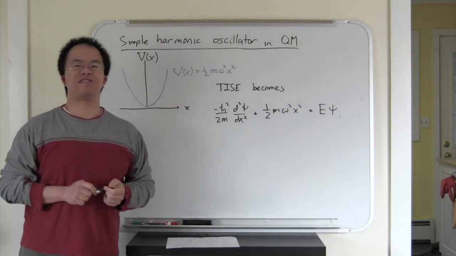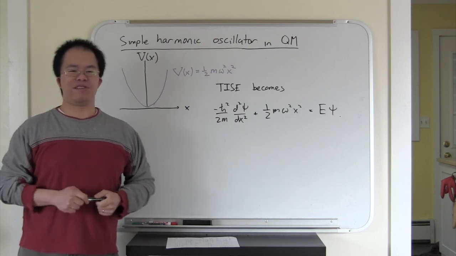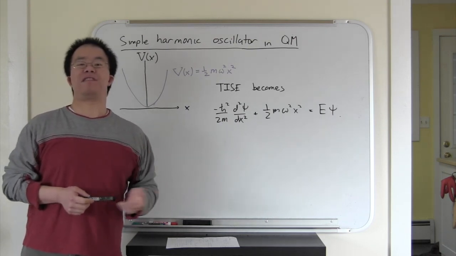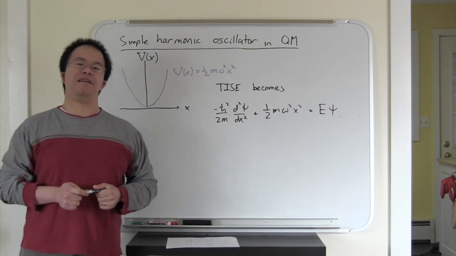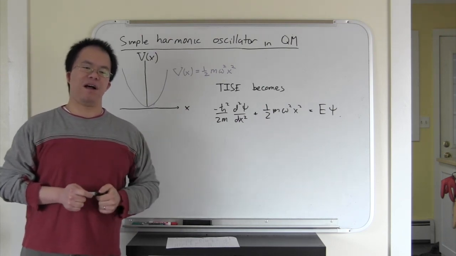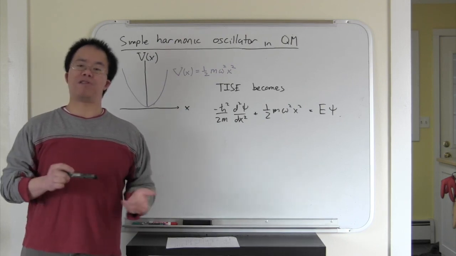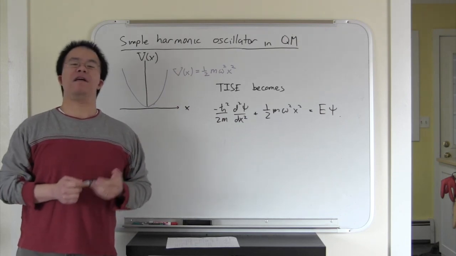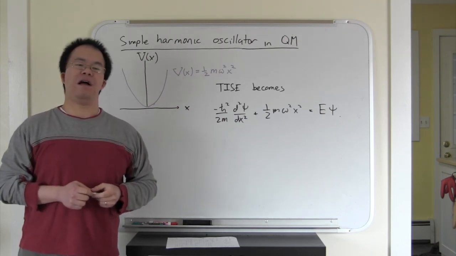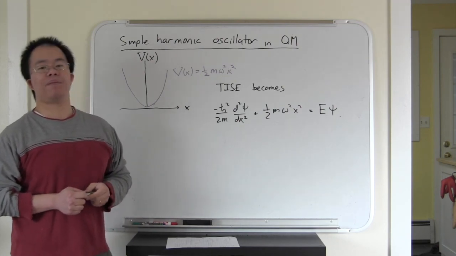The solutions end up being in terms of what are called special functions, something called a Hermite polynomial. We're not going to get into the details of that here. We'll save those details for Physics 421. There's also a very elegant operator approach for solving the simple harmonic oscillator, which you'll probably also talk about in 421.